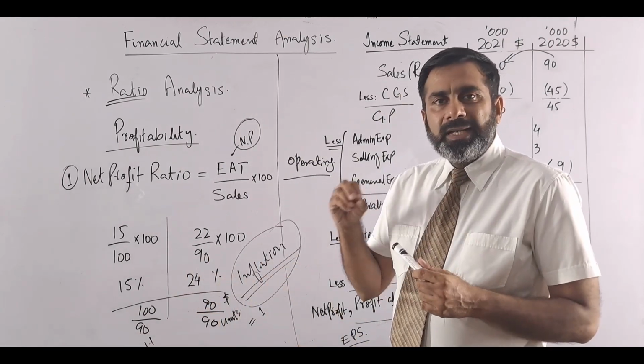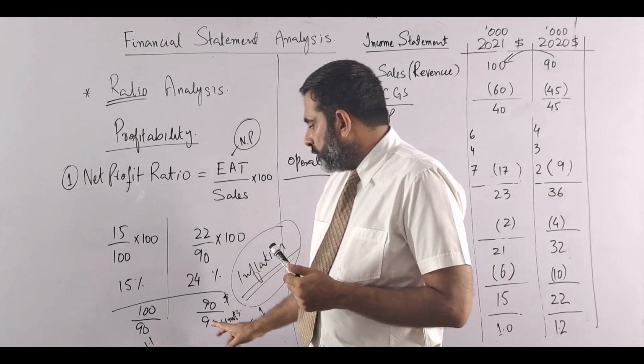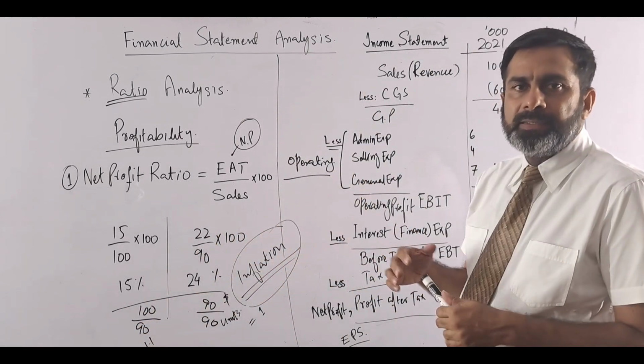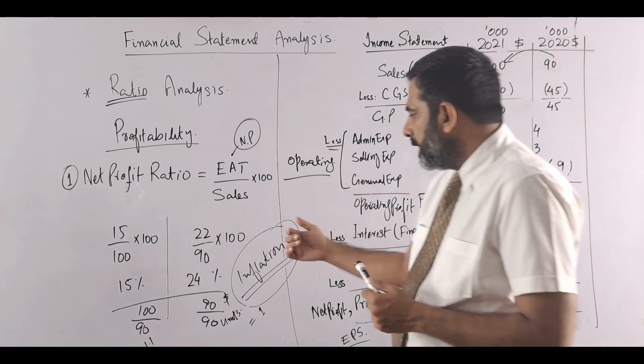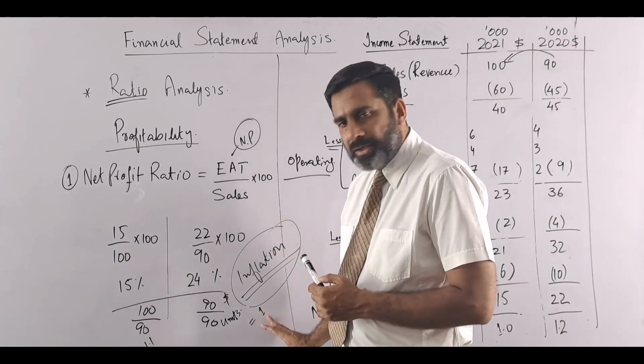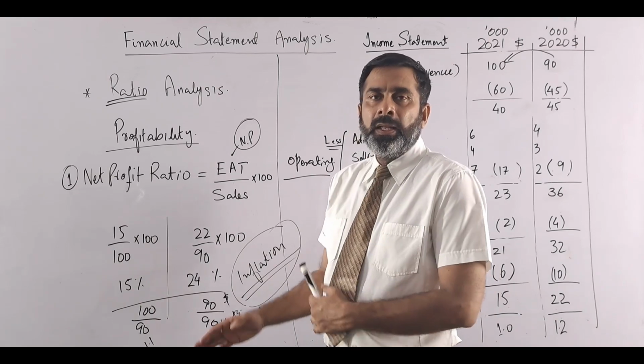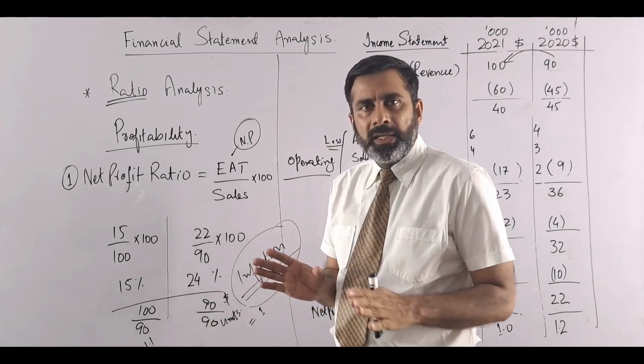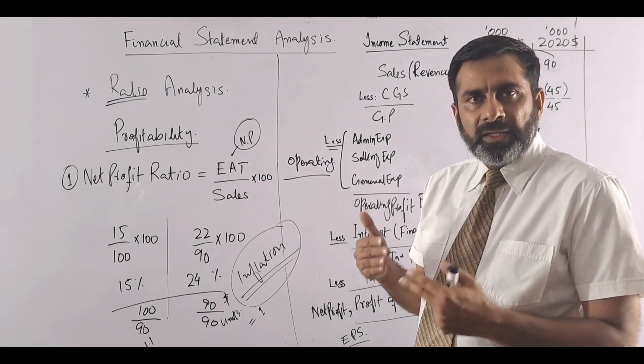So what does it mean? It means that the units are same, only the sale increase is just due to what? Due to the inflation, because the price was $1 and now it is $1.1. So there is no major change in the sales of the company. The units are same.